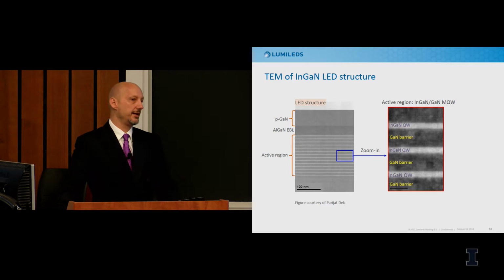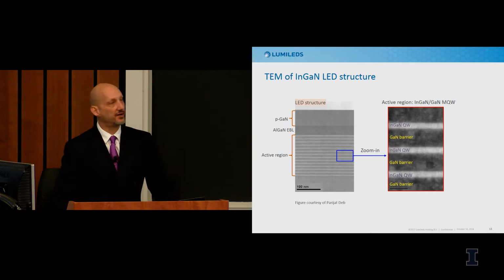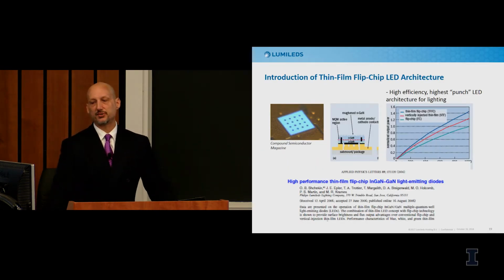So it's really an optimization problem of thousands of parameters to make sure that you can make efficient, high-performance devices. And that's true of the materials, but also true of the device structures.